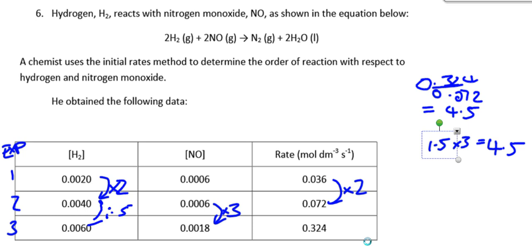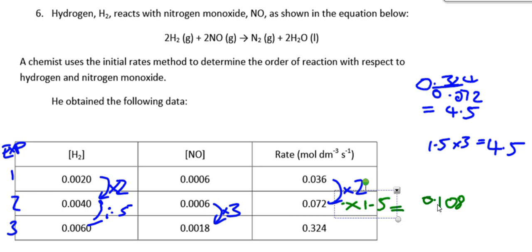So what I'm suggesting here, and let's check it, is if you times 0.072 by 1.5, you should get 0.108. So that's the contribution when I've increased the hydrogen concentration. I've times that by 1.5 here, I've times it by 1 there, so that's the contribution.